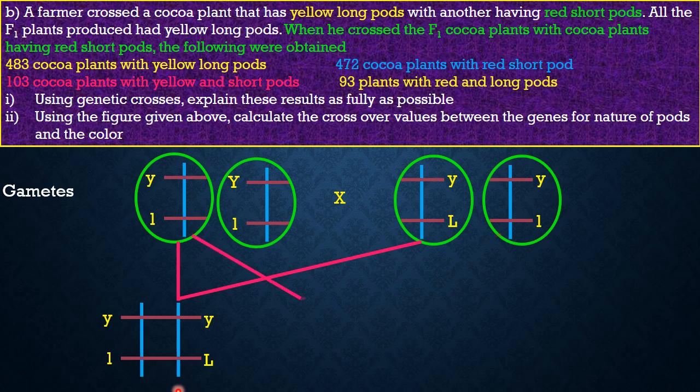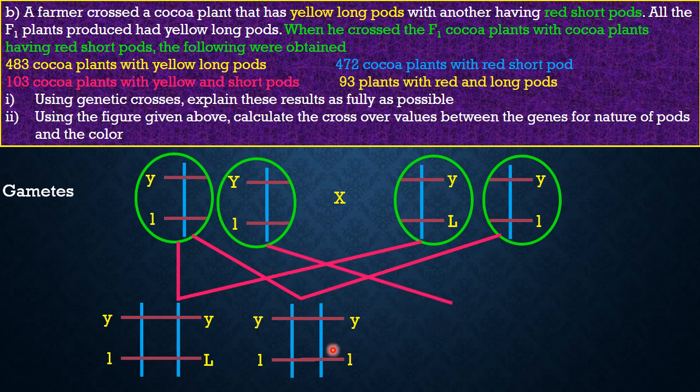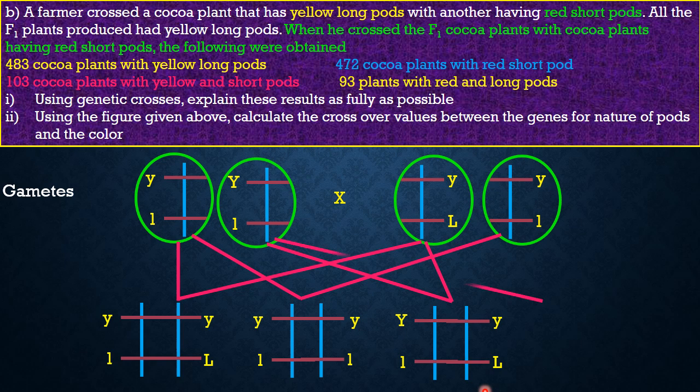If we cross this other one and these, what are we going to have? We are going to have small y, small l, and small y, small l. We also cross this and this other. What are we going to have? We are going to have capital Y, small y, capital L. We also cross these two. What are we going to have?